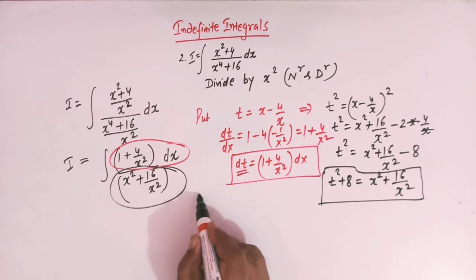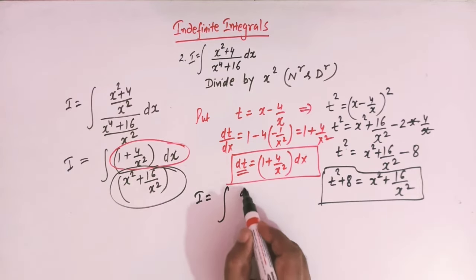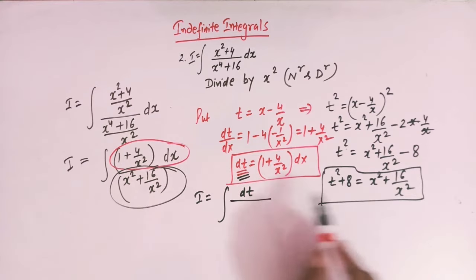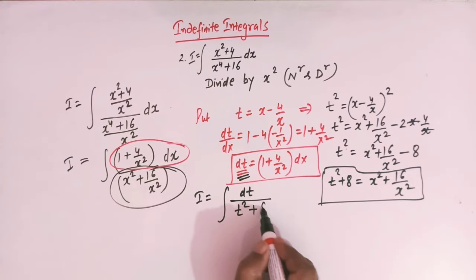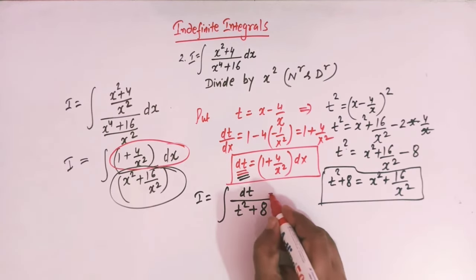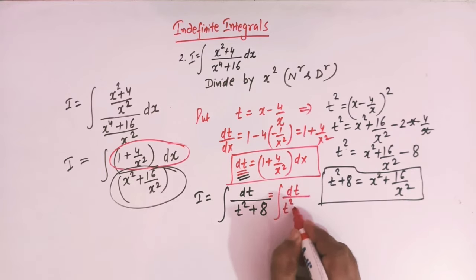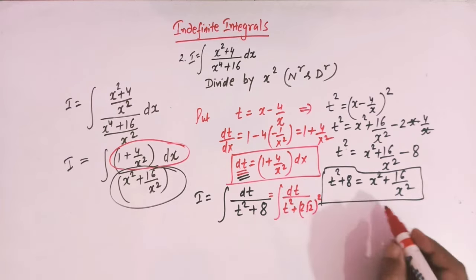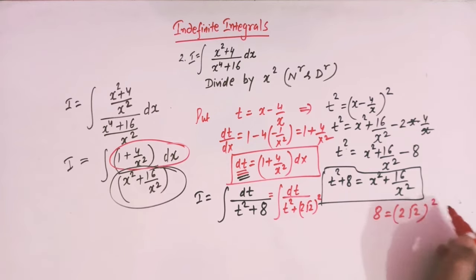So now this integral I takes the form: we have dt for this term, and for x square plus 16 over x square we can write t square plus 8, right? So we can express this integral as dt over t square plus (2 root 2) whole square, because 8 can be written as the square of 2 times square root of 2.